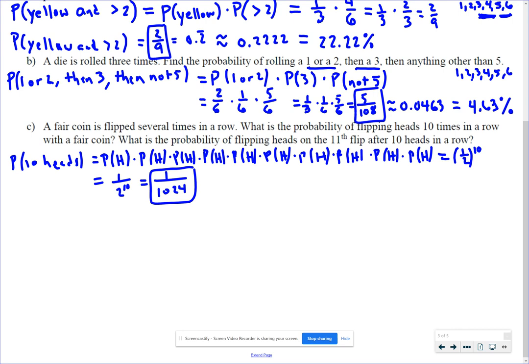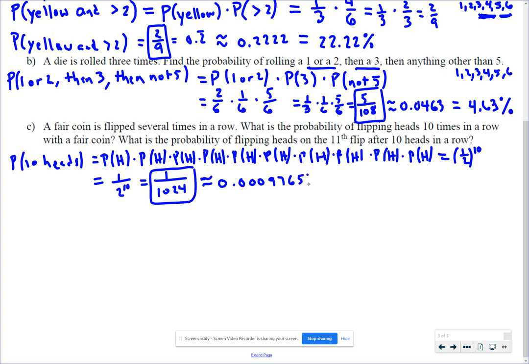I think it's so small, I could leave it as a fraction, but I'll just write it as a decimal as well. It gives me scientific notation. It's 9.765625 times 10 to the negative 4th power. So if I change that to a decimal, I'm going to approximate it. That means I need 3 zeros and then a 9, 7, 6.